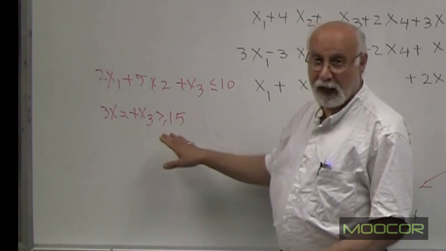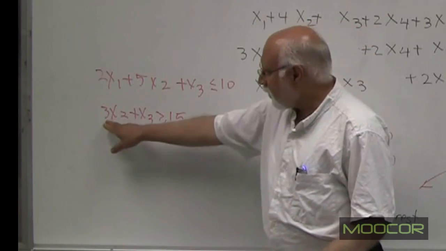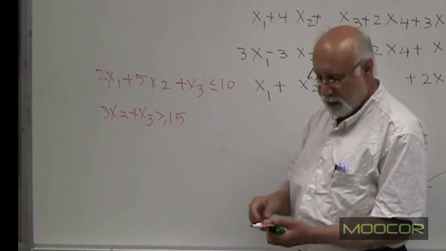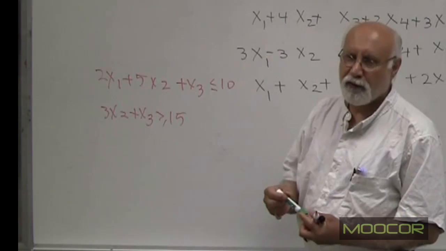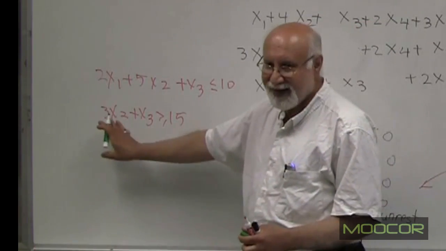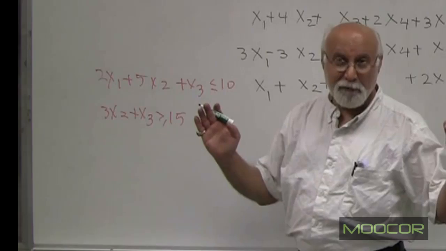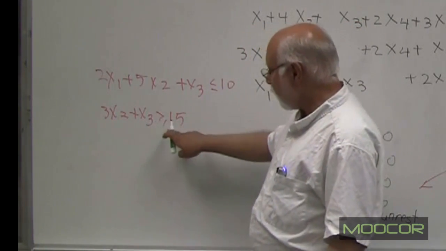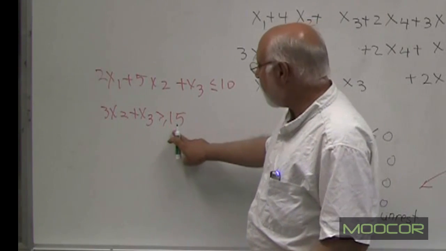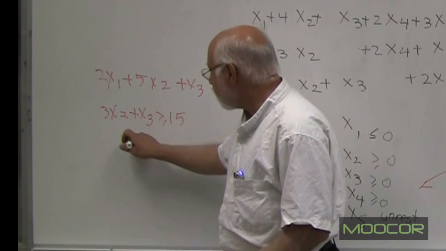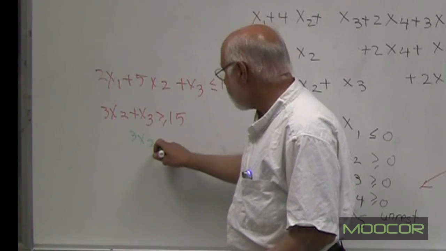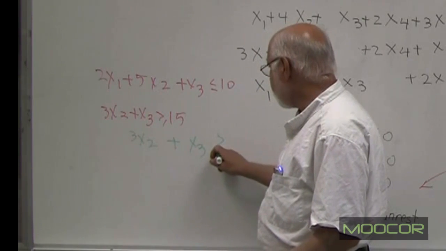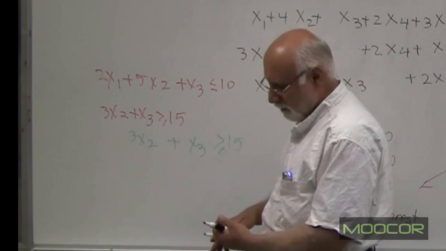Don't leave them like that. Instead of writing this the same way that it is written in here, change the form such that they will show up like a matrix notation. Instead of having 3x2 plus x3 greater than or equal to 15, write 3x2 plus x3 greater than or equal 15.